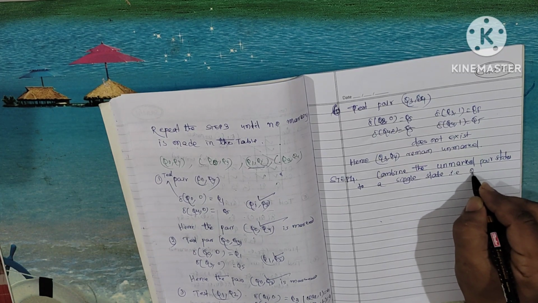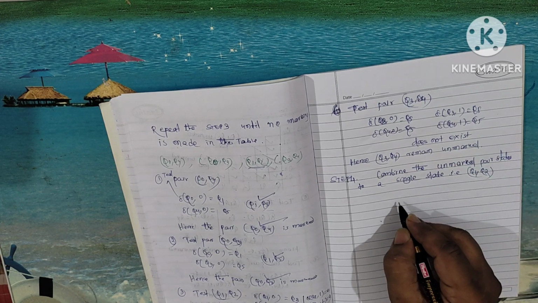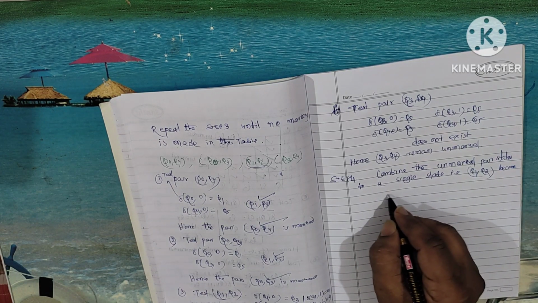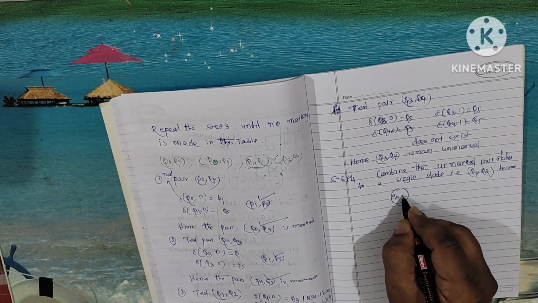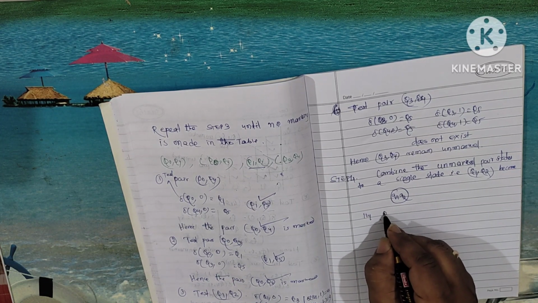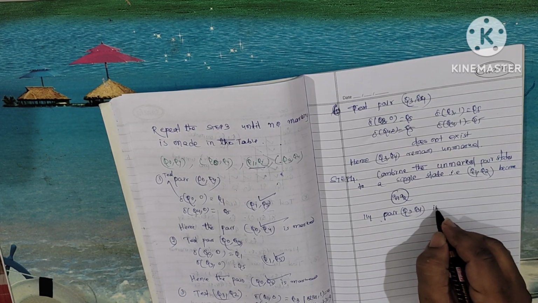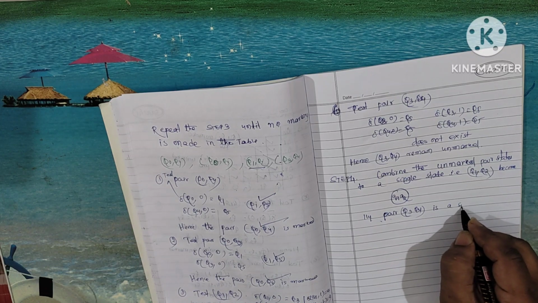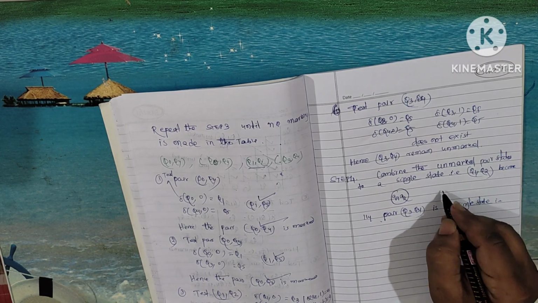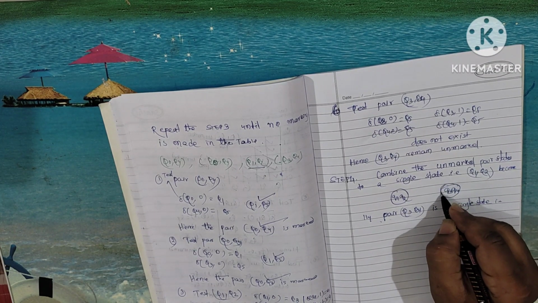That is Q1, Q2 become a single state, similarly pair Q3, Q4 is a single state.